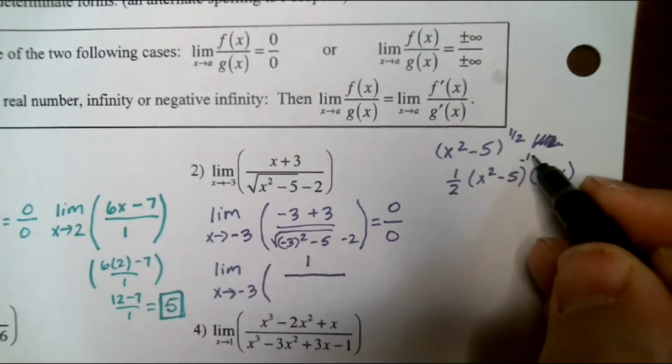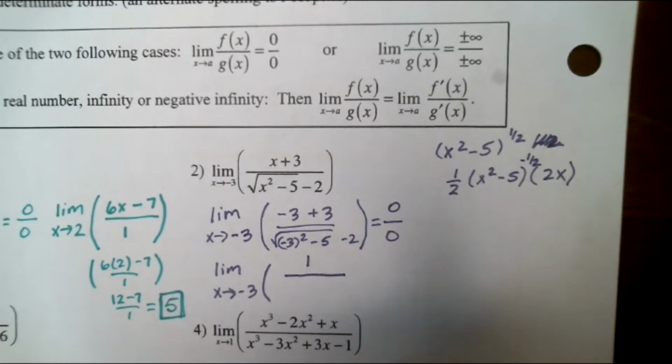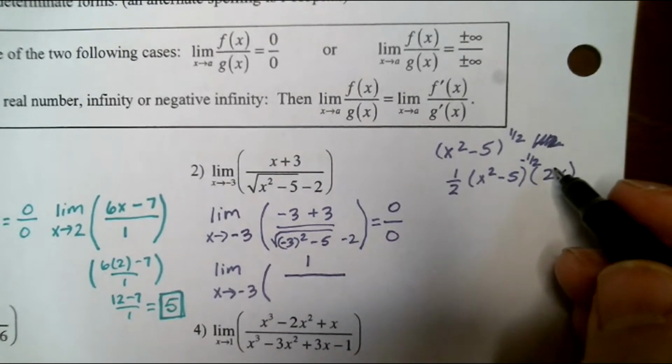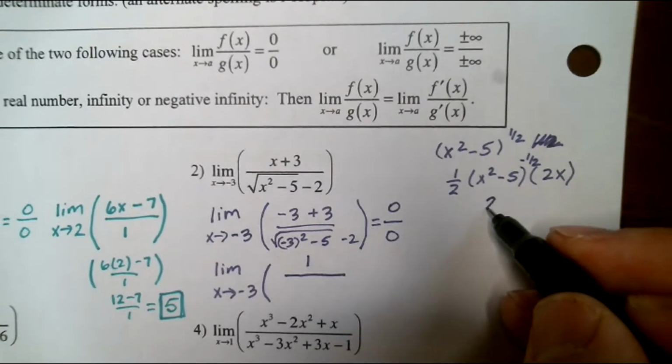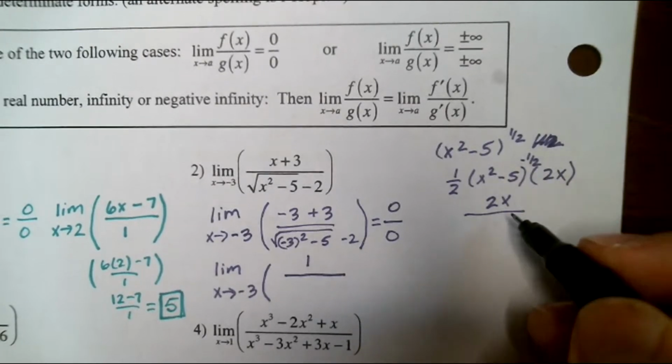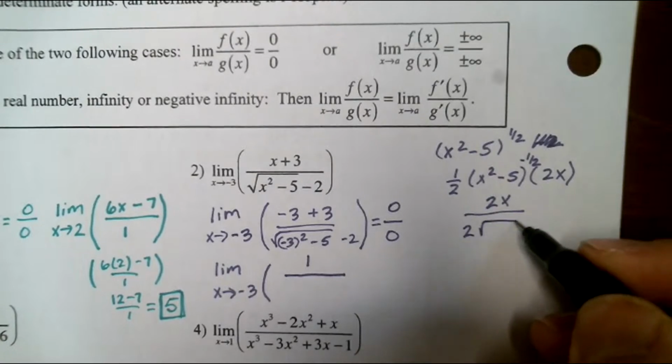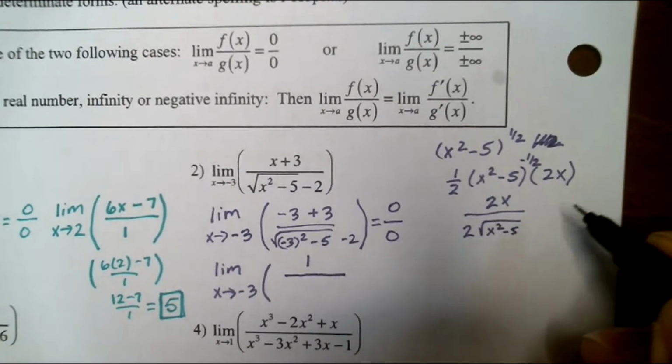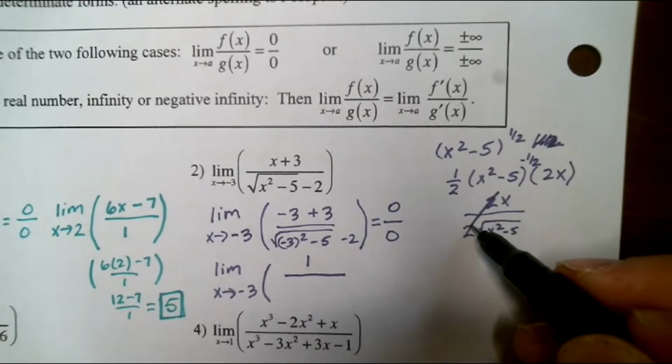And that's going to be to the negative 1/2. Sorry about that. So my 2's basically will look like this: 2x over, push that down, to radical x squared minus 5. Then we know my 2's cancel.